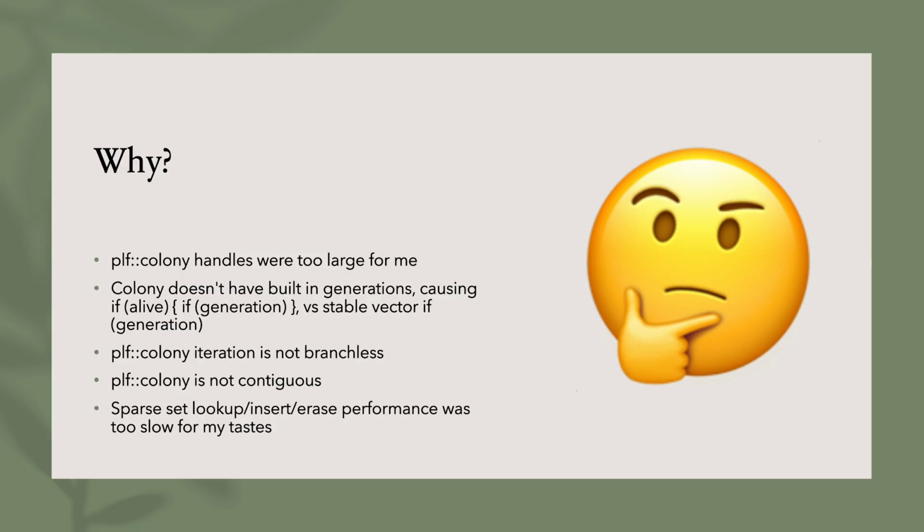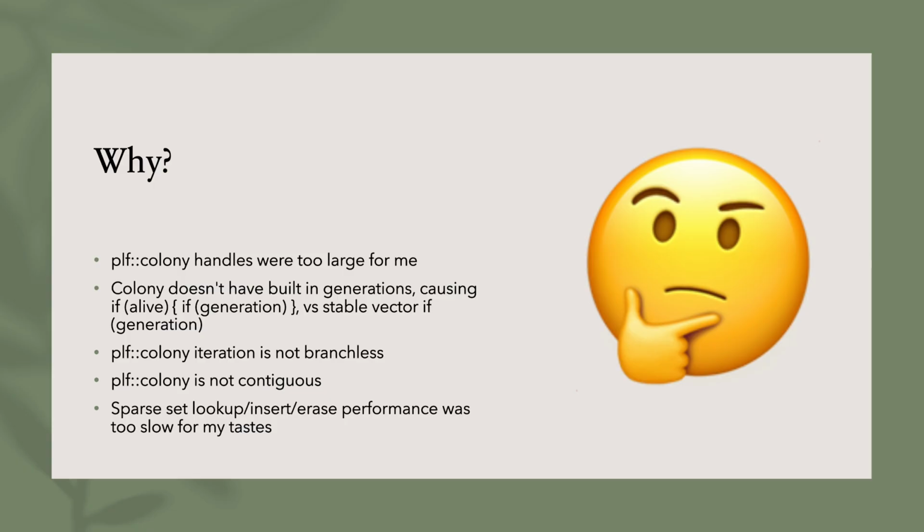When I was making this container, I sort of just watched some talks on Colony, and I saw that he removed the Boolean skip field and invented a skip array that makes it branchless to iterate. And he didn't make it contiguous.